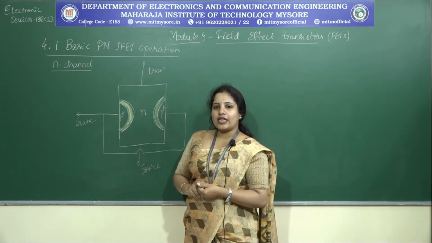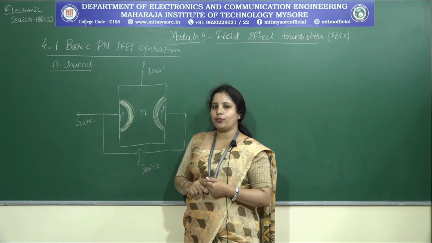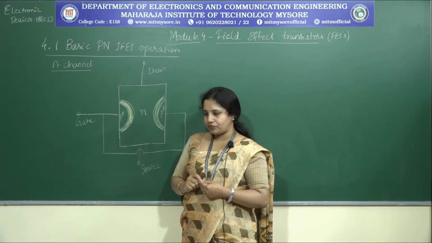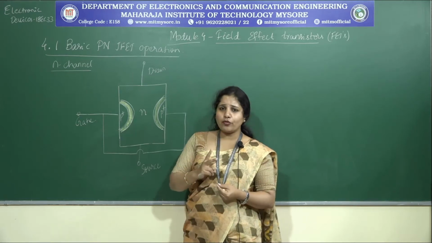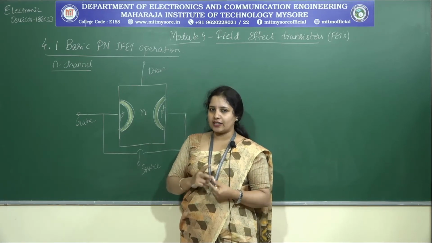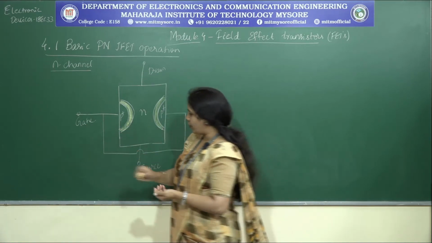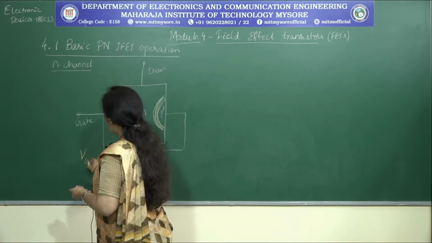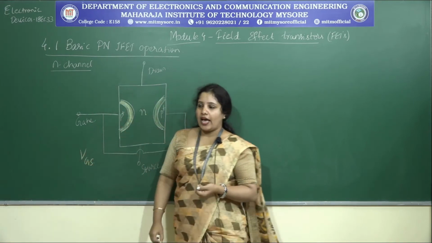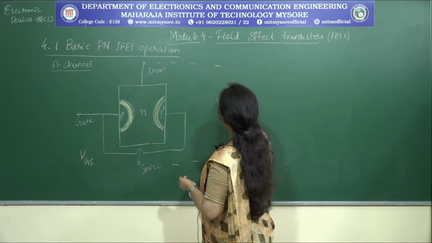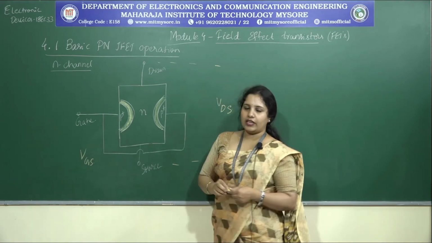Now, you need to understand how many biasings you have to provide to a device and which current is flowing in the device. We can provide two biasings: one is between the gate and the source, which is referred to as VGS, and the other is between the drain and the source, which is referred to as VDS.